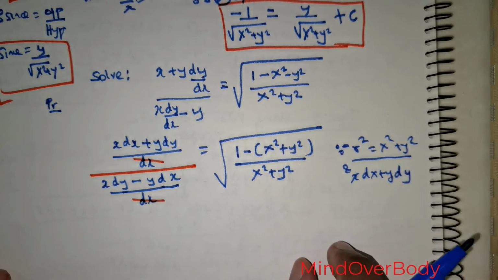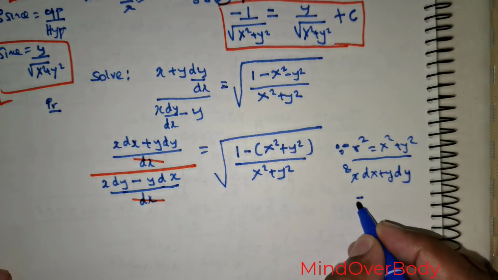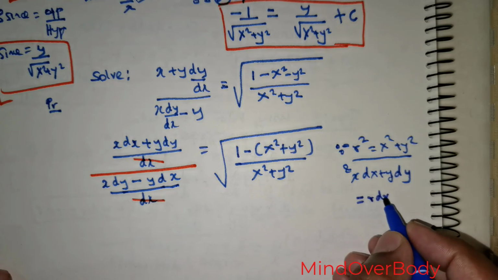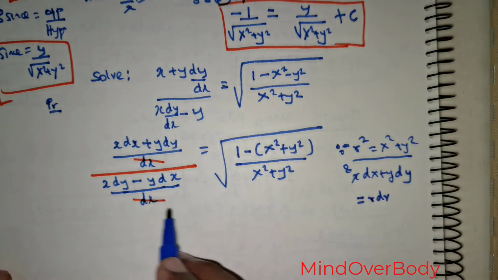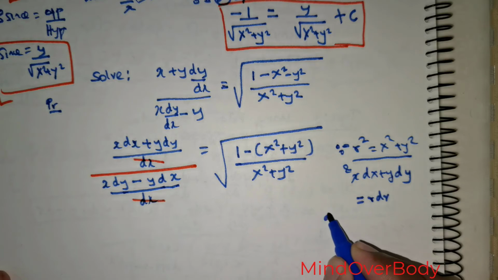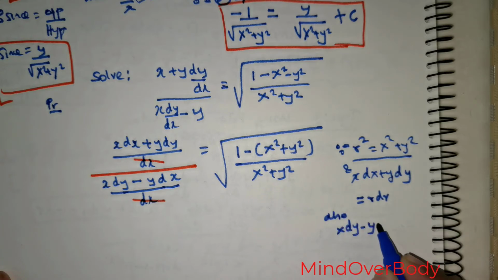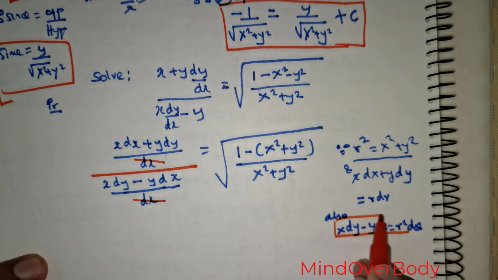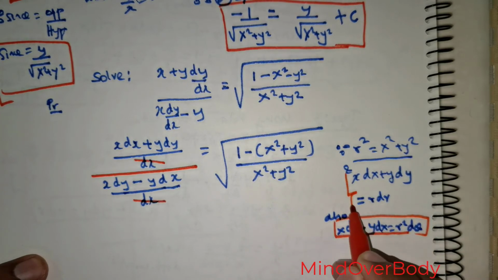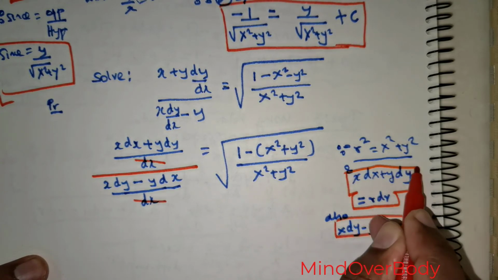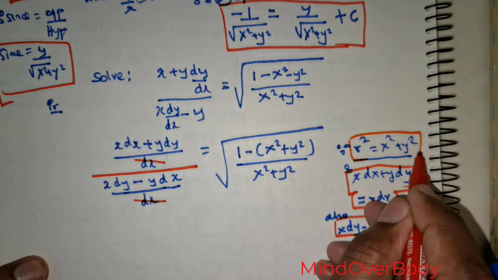This one we already know, this is equal to r dr. And we also know that x times dy minus y times dx is equal to r squared d theta. So we can box these things. We know this, and we also know this.